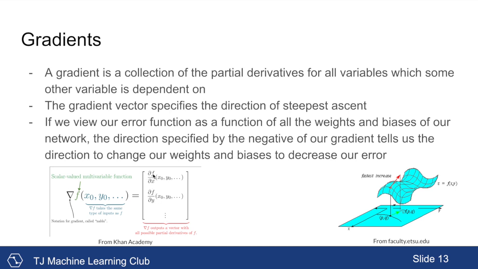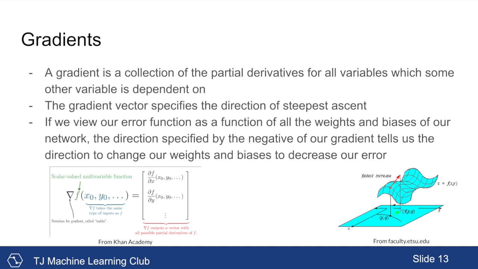You take the partial derivative with respect to every single input variable that you have. It turns out that the vector you end up getting tells you the direction of fastest increase of your function. So if you're at a certain point, which direction should I step in order to increase the output variable as quickly as possible? It's like if you're on a hill, which direction should I step in to go up the fastest?